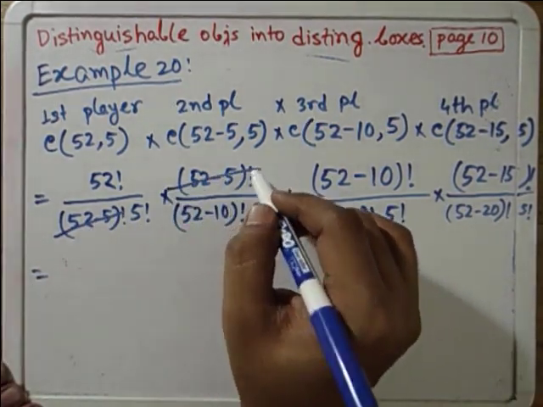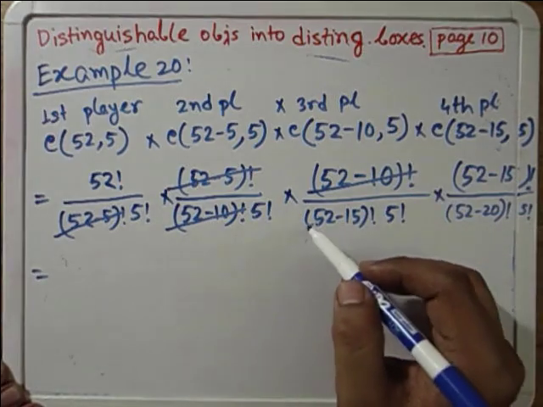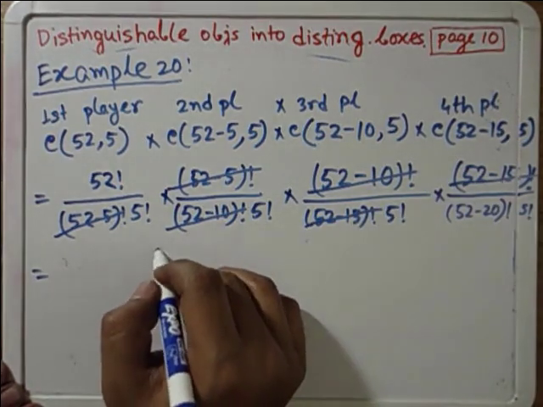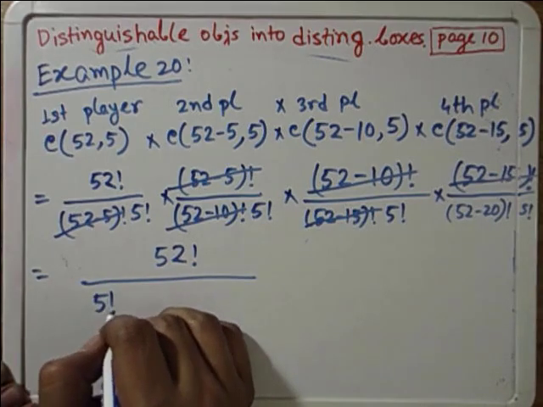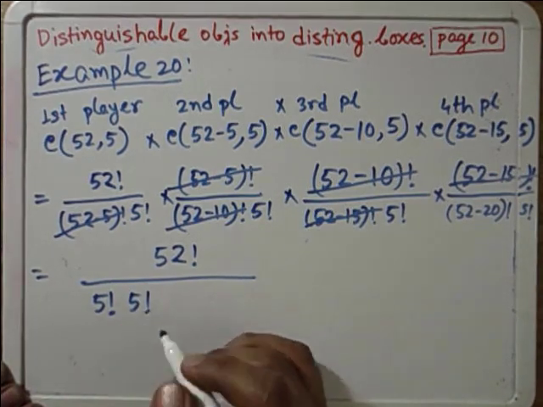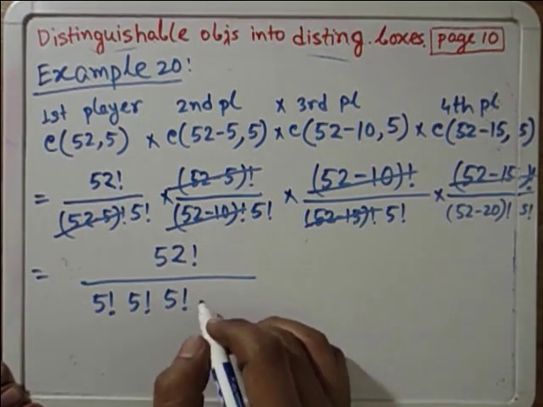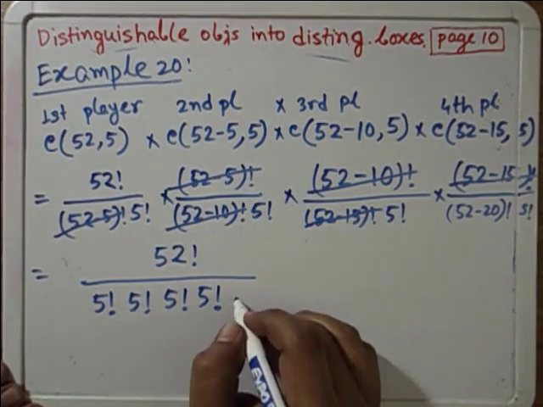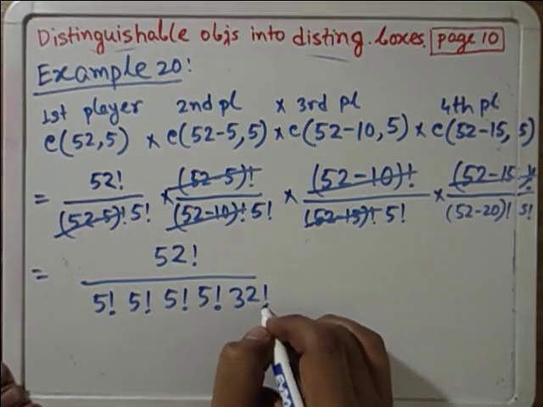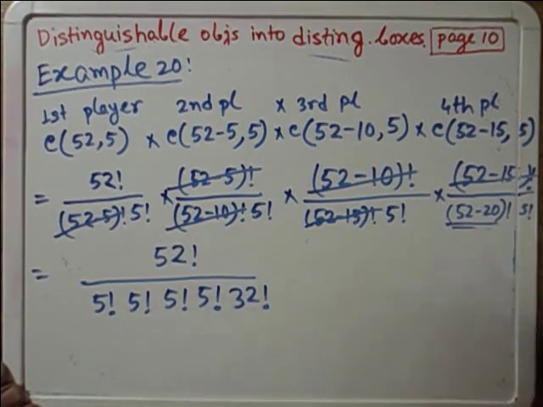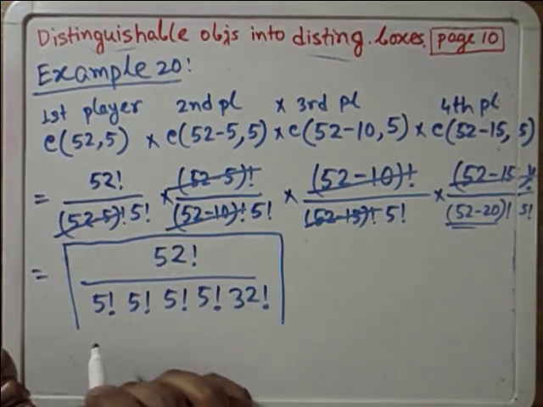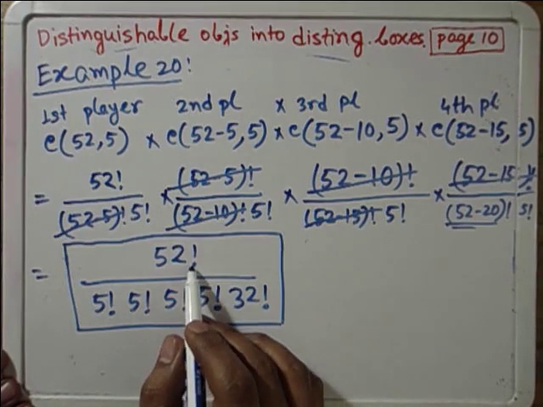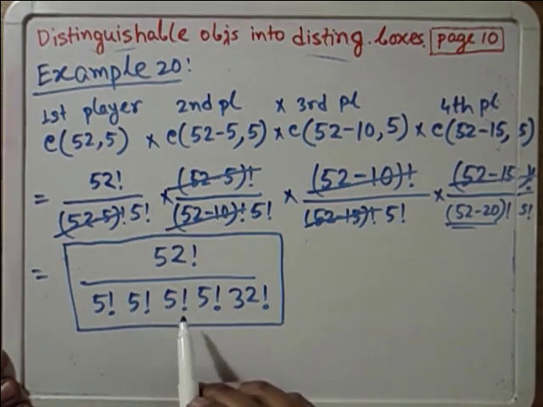This cancels this, this cancels this, this cancels this. The final answer is 5 factorial, 5 factorial, 5 factorial, and 32 factorial in the denominator. So this is 32 factorial. So that's your final answer: 52 factorial over 5 factorial, 5 factorial, 5 factorial, 5 factorial, 32 factorial.